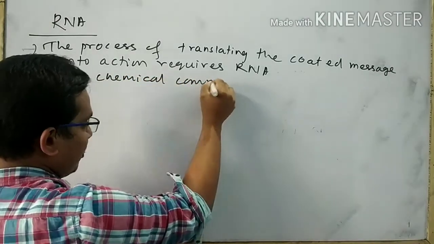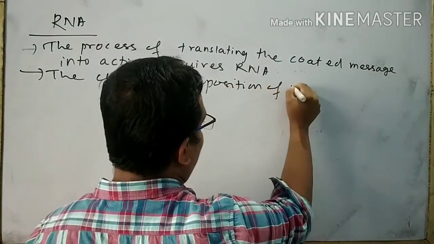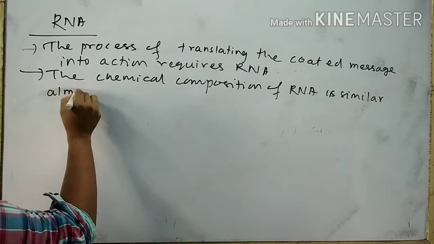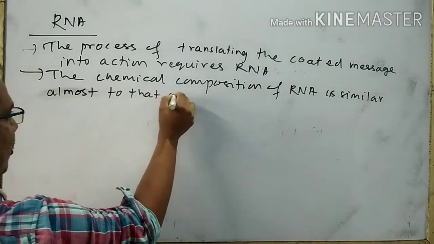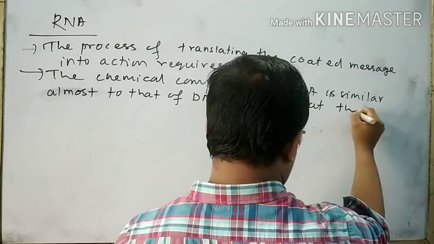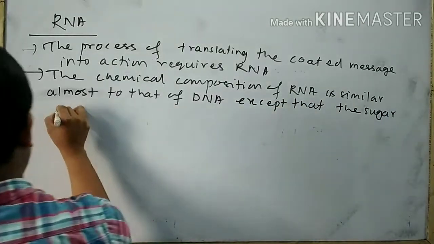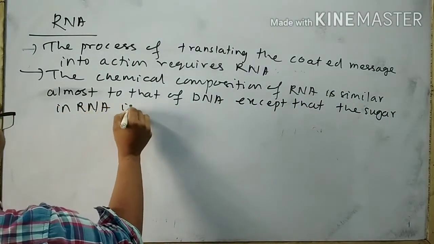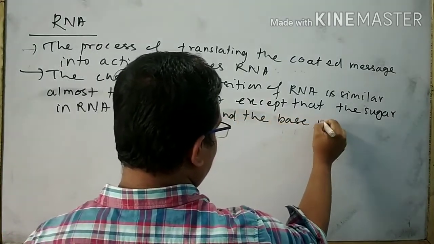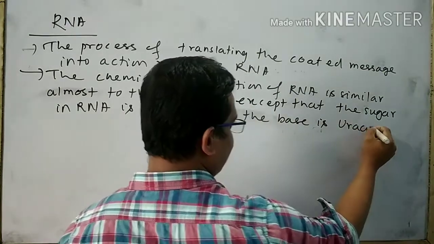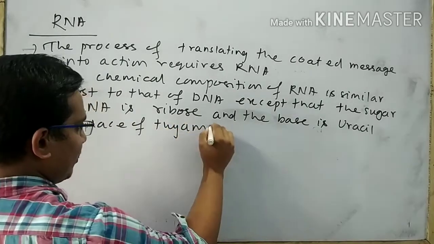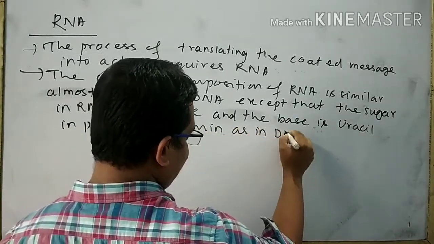So we can write: the chemical composition of RNA is almost similar to that of DNA, except that the sugar in RNA is ribose and the base is uracil in place of thymine as in DNA.